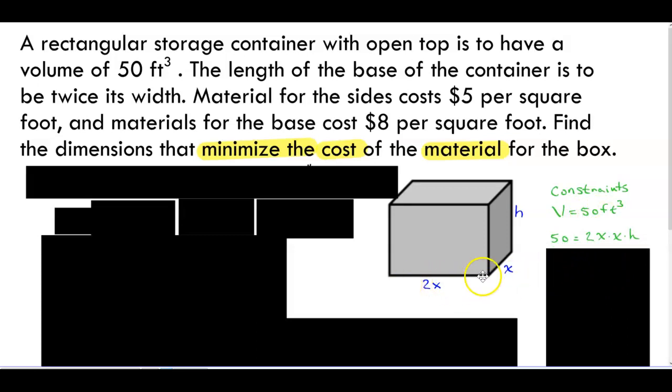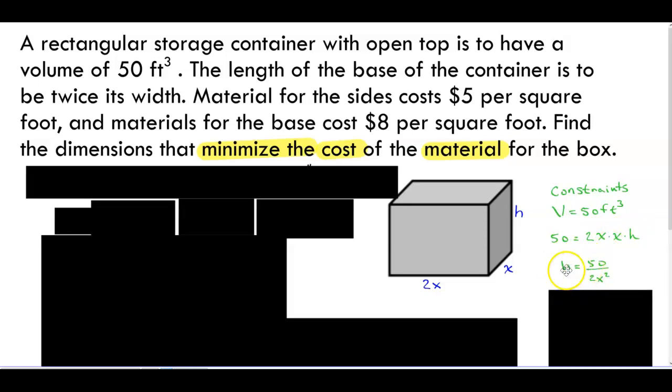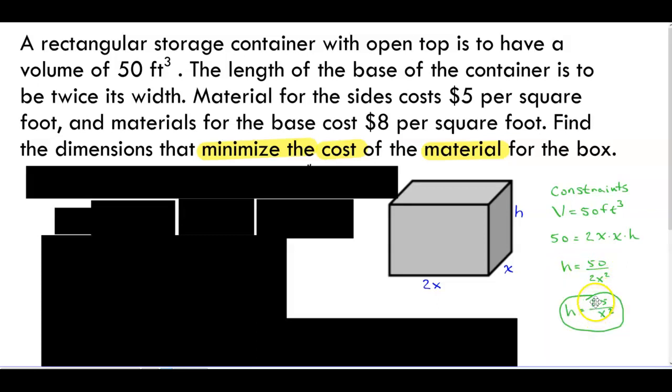So I know that the length times the width times the height has to equal 50. If I multiply that together, I end up with 2x squared times h equals 50. If I divide by 2x squared, I get h is equal to 50 over 2x squared, or, dividing by 2, 50 divided by x squared. So now I have an expression written in terms of x.